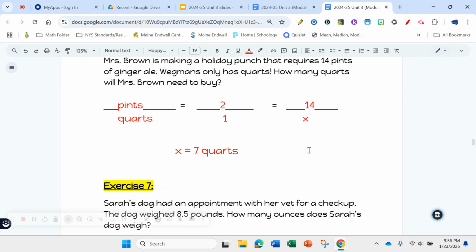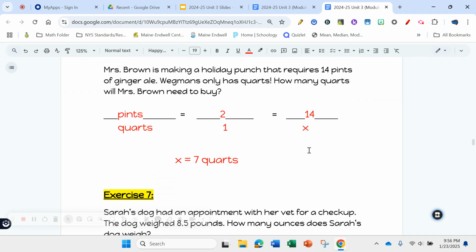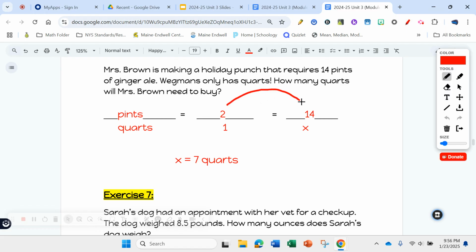Here are your answers for page 79. I'll be quiet. Okay, so you could have, when you set this up, pints to quarts, again, I go to page 8 for this.